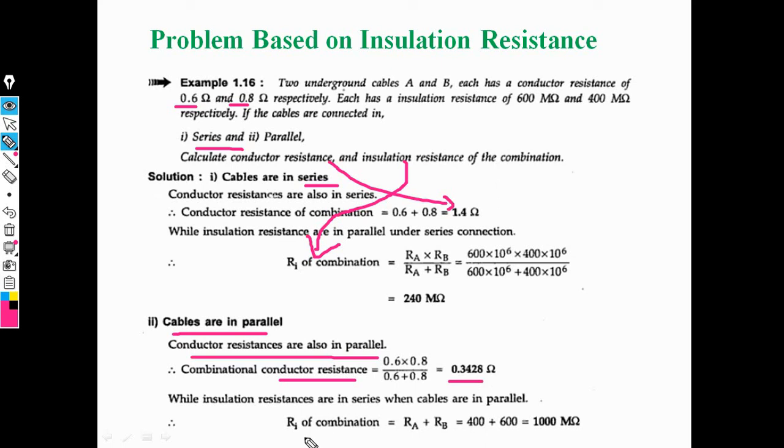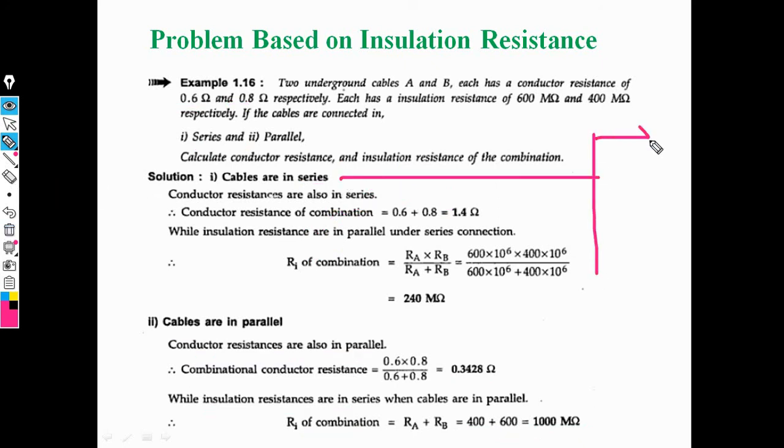Then the insulation resistances are connected in series, so RA plus RB, that is 400 plus 600, which is 1000 megaohm.